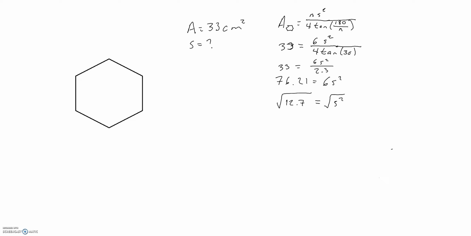So 12.7, square root of that. We get about 3.56. It's equal to s. Side length. So we label this over here, 3.56 centimeters.